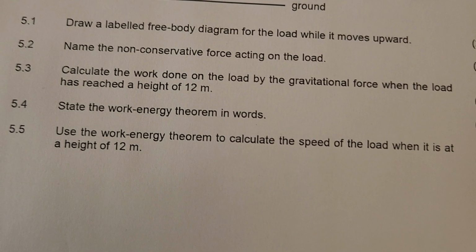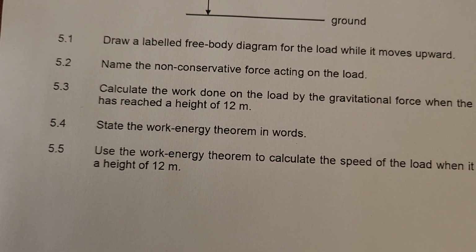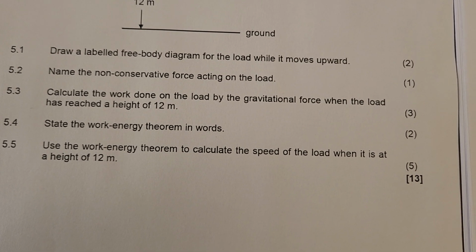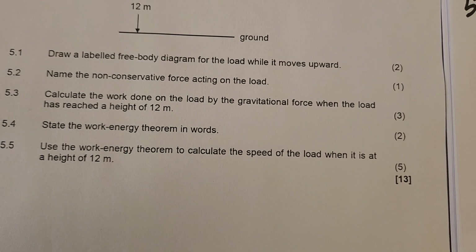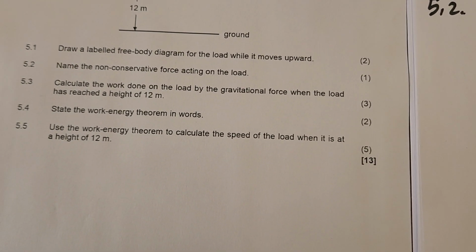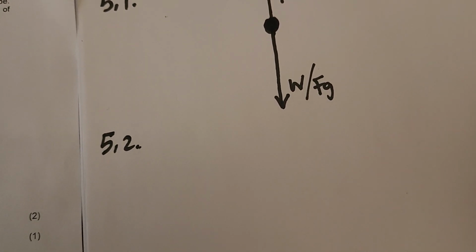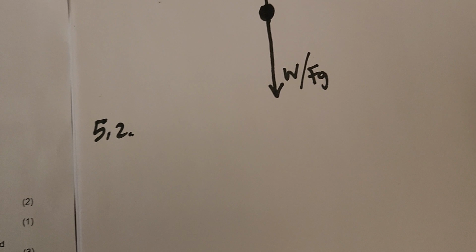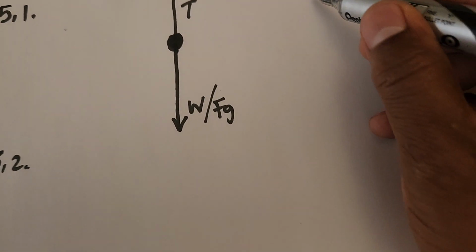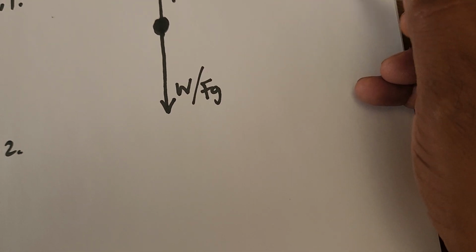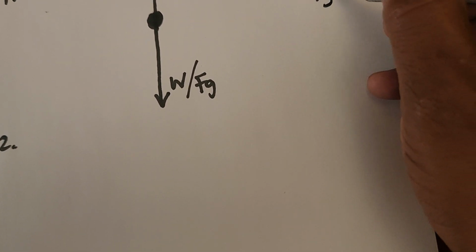And then 5.2, they say, name the non-conservative force acting on the load. Remember, we've got conservative force and non-conservative force. In a nutshell, we have got only one conservative force, it's your gravity.